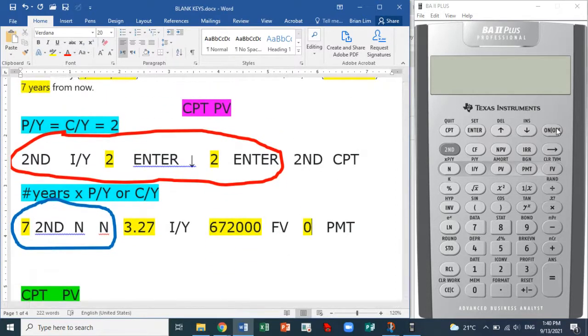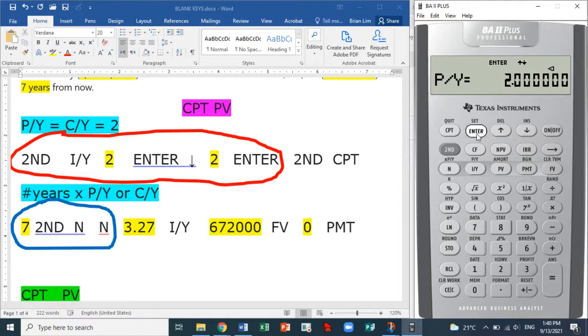Now we can start. We go to our calculator, we turn it on. Second IY, 2, enter. Go down, 2, enter. And then we go second CPT. Now for the 7 years, we go 7, second, N. So N turns out to be 14. 3.27 is the interest rate.